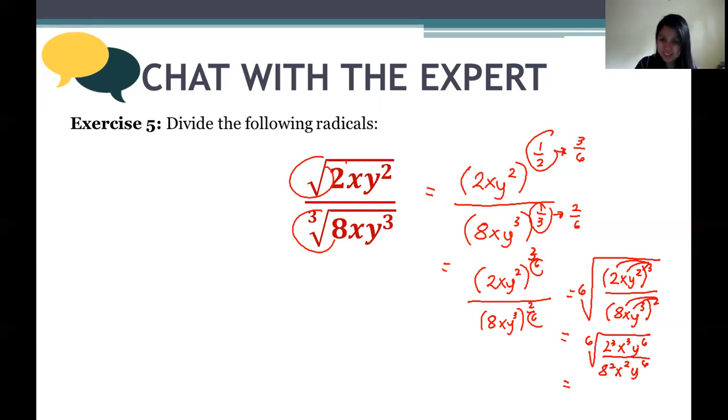Okay, check on this. For y, 6 minus 6, 0. For x, what's left? Only 1. Then, this 2 cubed is 8, and 8 squared is 64. So 8 over 64 is 1 over 8, right? So over 8. Our final answer is 6th root of x over 8.